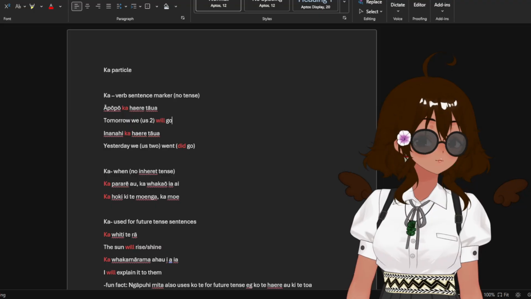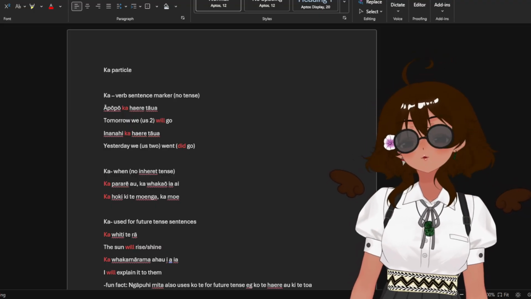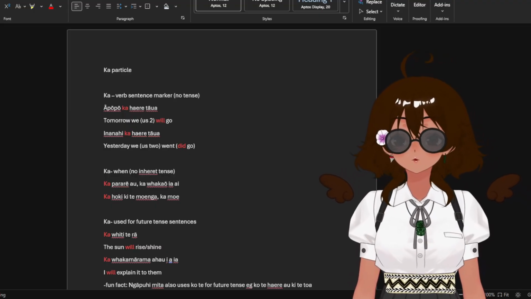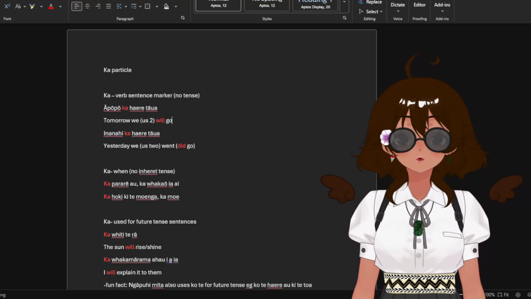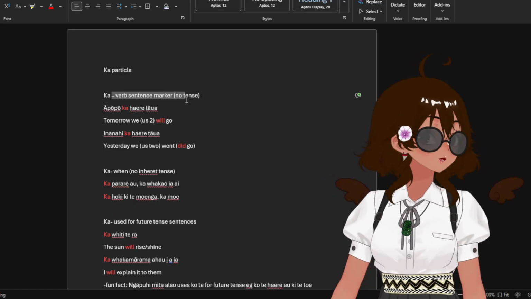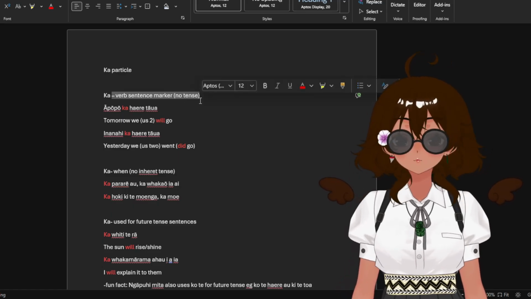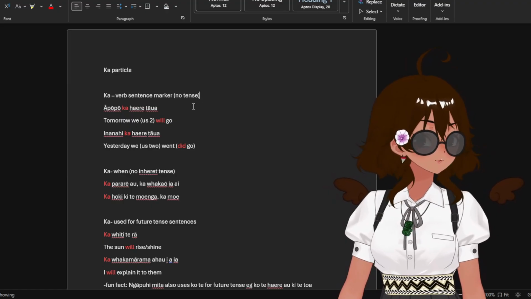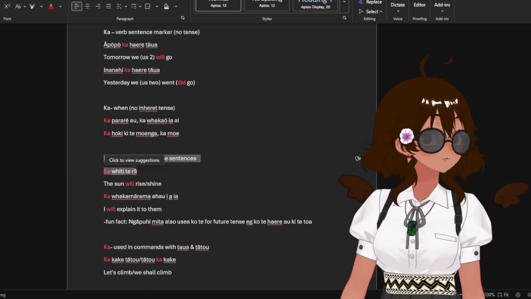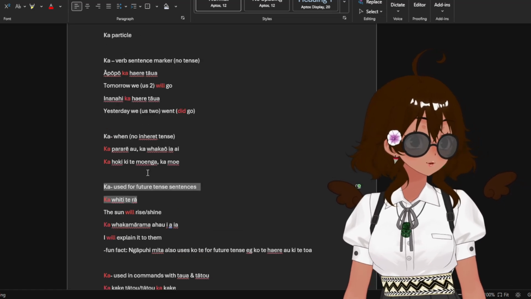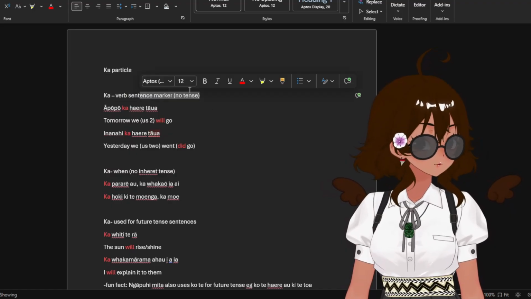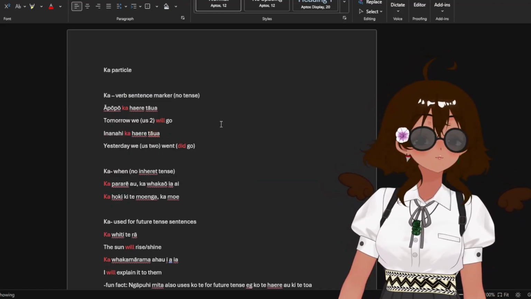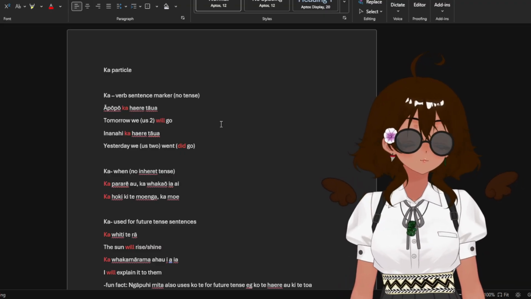Okay, well then, to begin with, our first and primary usage with verbs is, what's that? To mark it as a verb sentence? No tense? But I thought ka was for future tense. Well, it's also used in future tense sentences, but it does not inherently make it a future tense sentence. So yeah, that's something I get pissed off a lot with whenever I see people teaching Māori online.